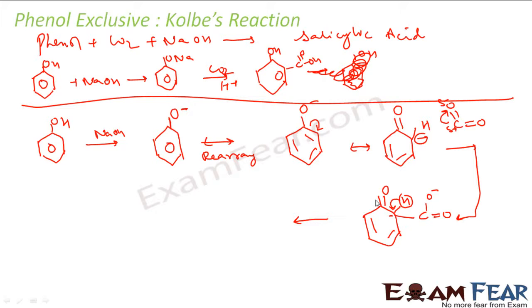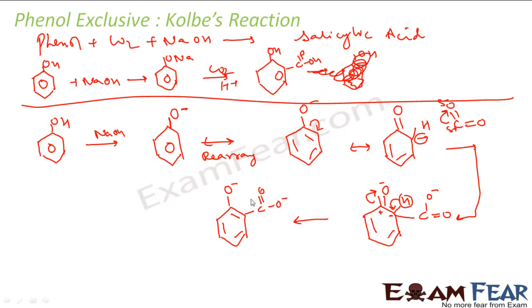I want a positive charge here, so I break this bond also. I get a positive charge here and a negative charge. Now this positive and negative can form a bond. This will become O minus. This H is gone anyway, and I am left with O minus.